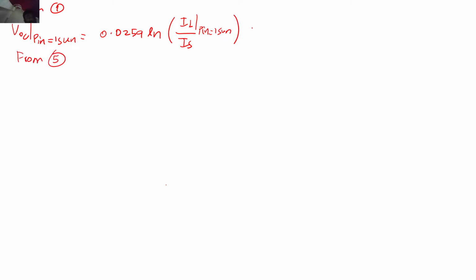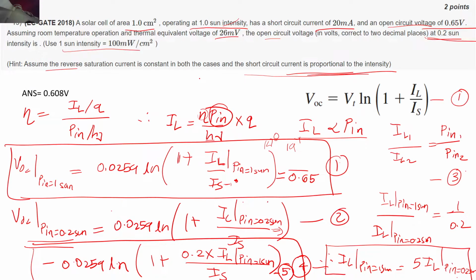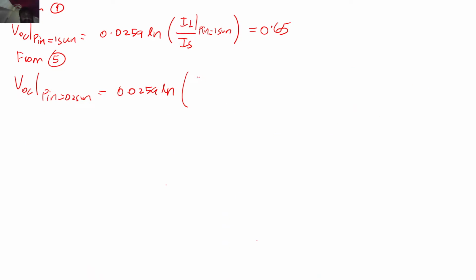From 5, VOC at P_in equal to 0.2 sun is 0.0259 times ln of what? I already know equation number 5: 0.2 times IL at P_in equal to 1 sun by IS.